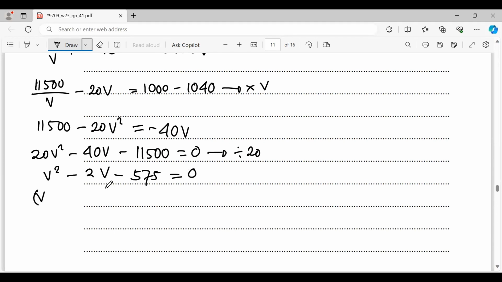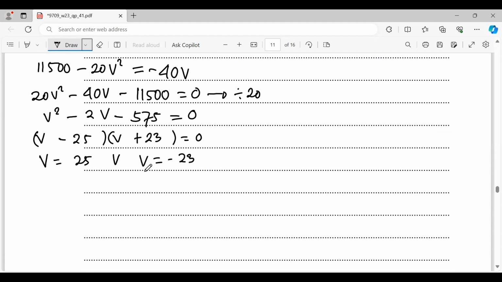Factorize: V minus 25 and plus 23. So V equals 25 or V equals minus 23. This is not the solution, but the solution is this one. So velocity or speed equals 25 meters per second.